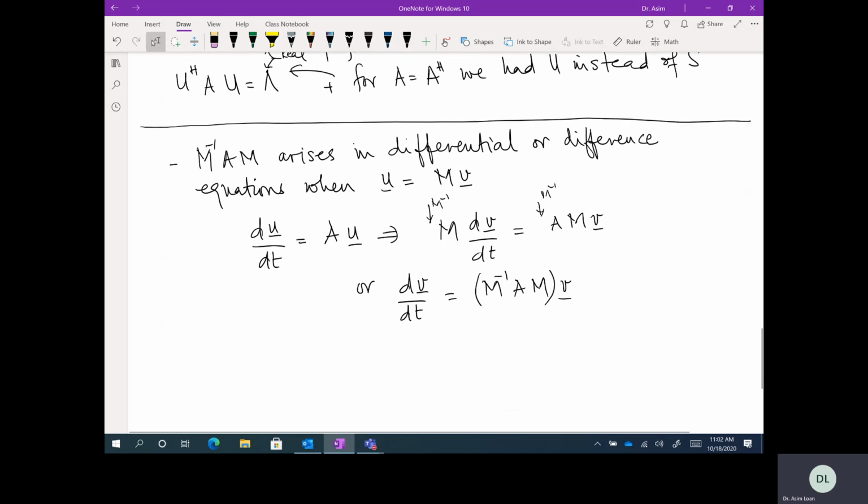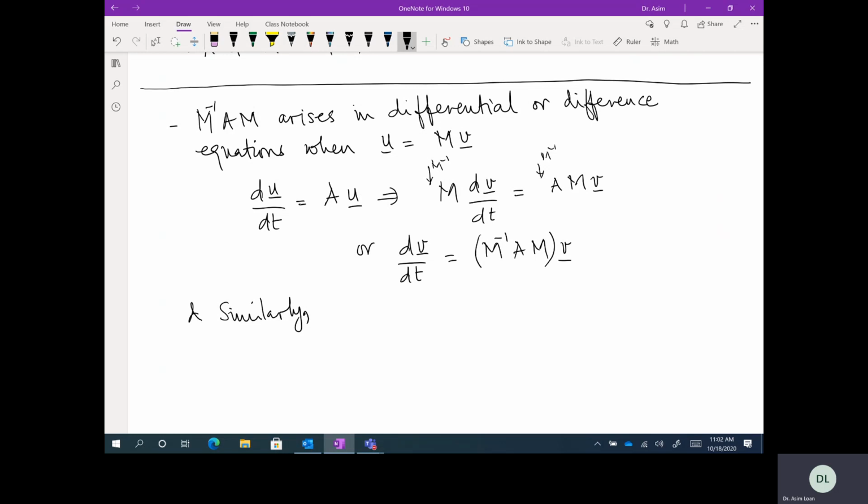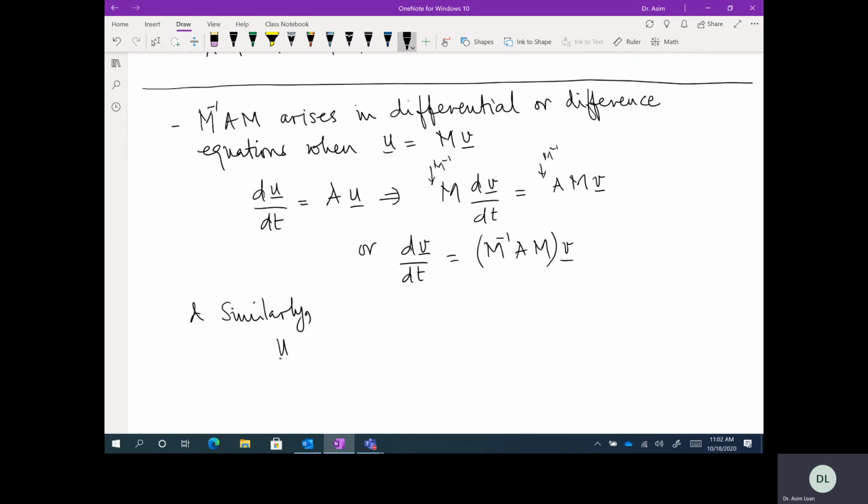And similarly, for the difference case, U of n plus 1 equals A times U of n, or M times V of n plus 1 equals A times M times V of n. Again, multiply M inverse on both sides. This implies V of n plus 1 equals M inverse AM times Vn.